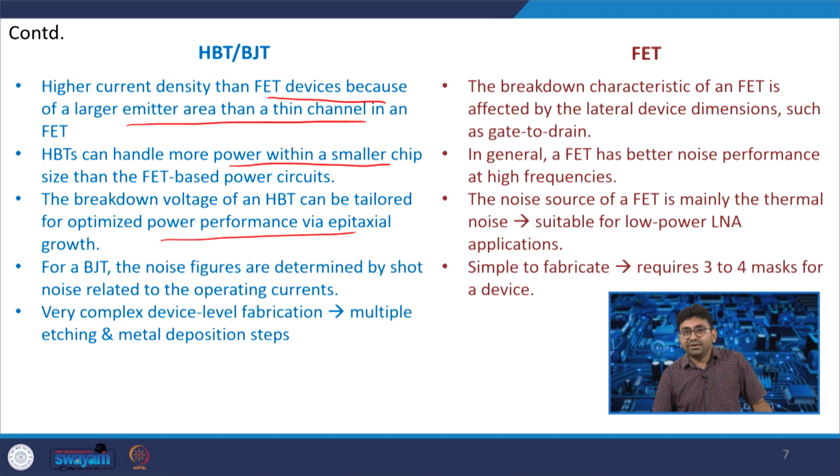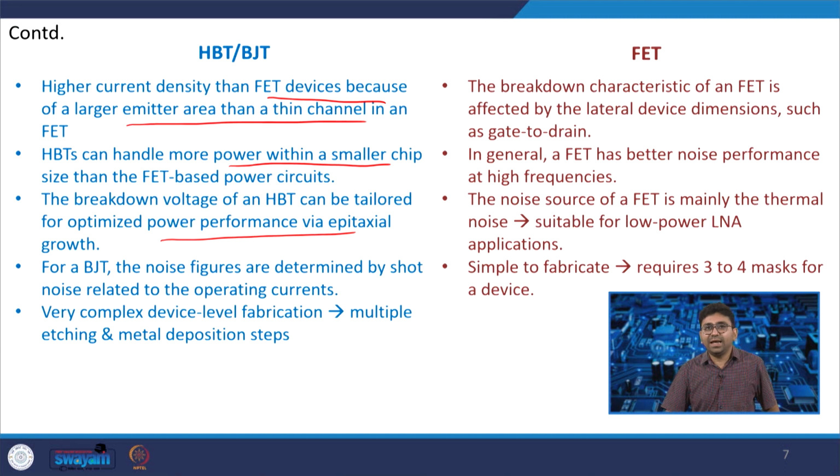The breakdown characteristic of FET is affected by the lateral device dimension such as gate to drain, and that is why there are some technologies like LDMOS available to improve the power capability and breakdown characteristic.